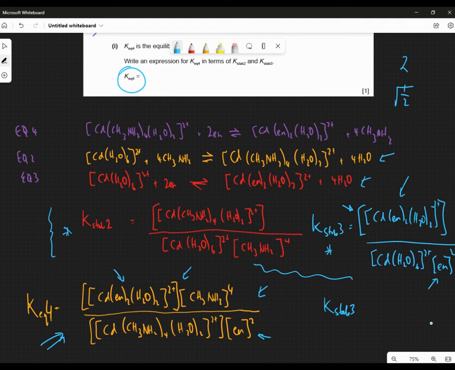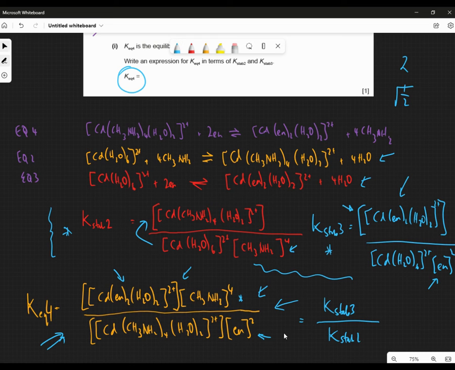In this one, this is on the top here, but it's on the bottom here. So if I divide this by K stab 2, then, as you know, this flips around, doesn't it? So this goes on the top. And then I guess you can cancel things out, but it looks to me it will be K stab 3 over K stab 2, and it will give you this. I hope that makes sense. There's a lot of writing here for not many marks.